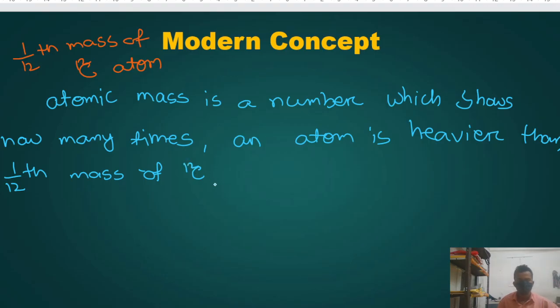It means carbon having the mass number 12. We know already that the mass of carbon is 12. But guys, carbon has an isotope, that is C13, and the mass of C12.